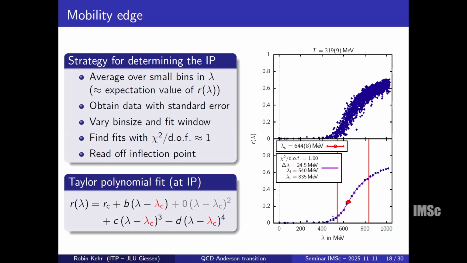Did you keep the quadratic term to be 0, or did it come out from a fit? It is 0 by definition because we have a Taylor polynomial at the inflection point, so this vanishes. So this is our ansatz. I think the data may not be so sharp to detect the inflection points. Maybe one can think about it: if you include this order versus exclude it, how much is the chi-square changing?